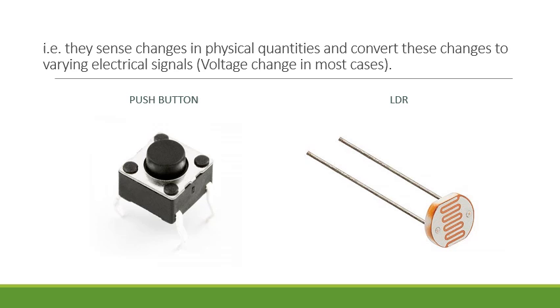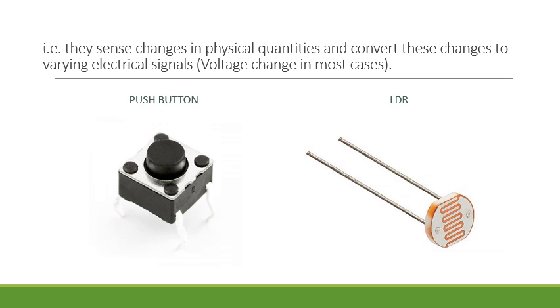But the LDR is an analog sensor, so it senses between a range. The value is between 0 and 1023. Depending on the amount of light, remember LDR is light dependent resistor, depending on the amount of light that falls on the LDR, the resistance is going to change.